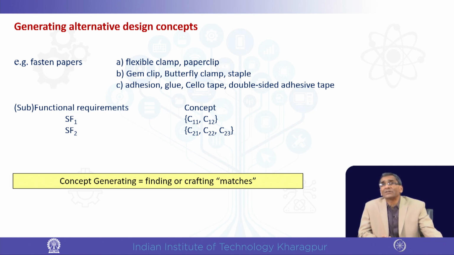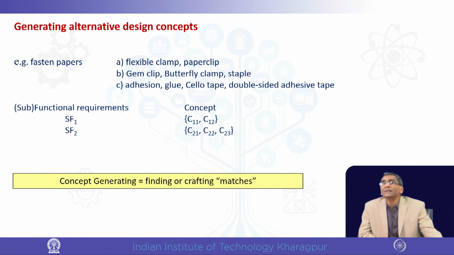Concept generating is basically finding or crafting matches between function and means. So, for a sub function, say for example SF1, the concepts may be C11 and C12.